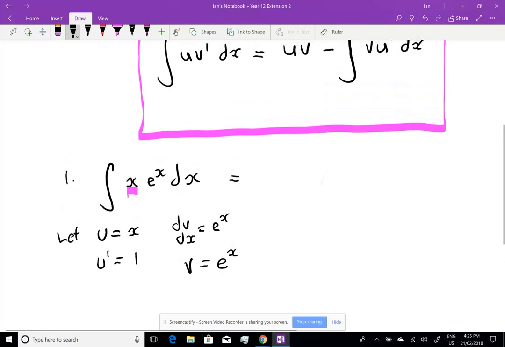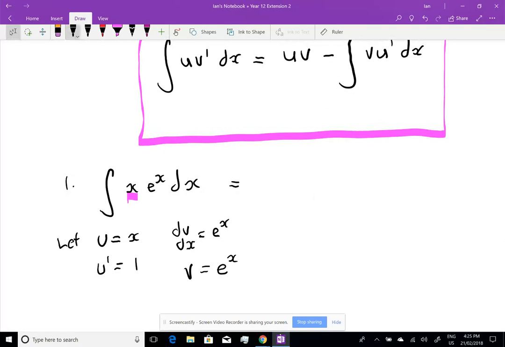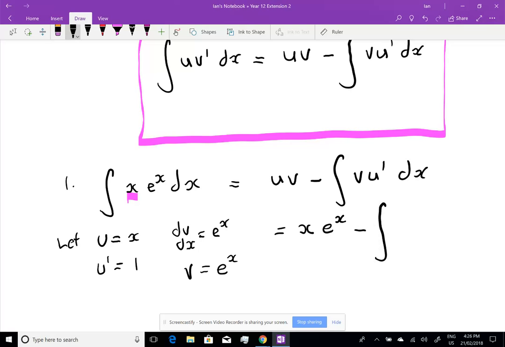Now I write my rule every time. u v minus the integral of v u dash dx. So now my u is x, no worries. My v is e to the x, no worries. And in here, I'll get an integral that I can do.